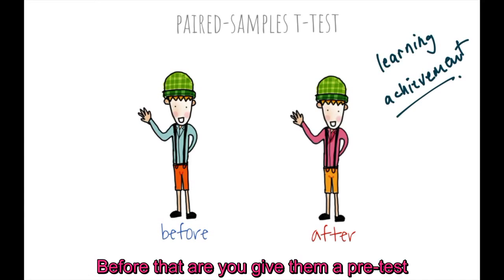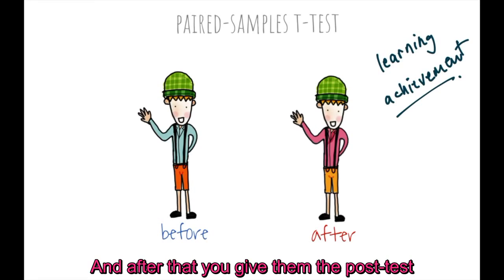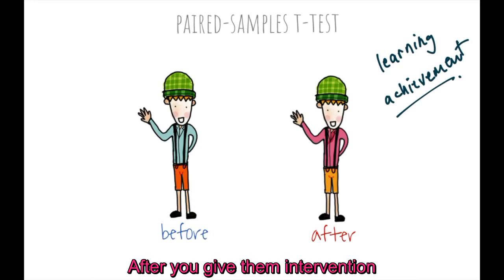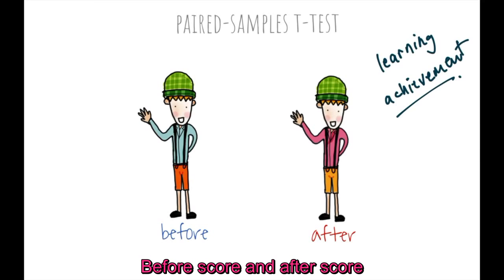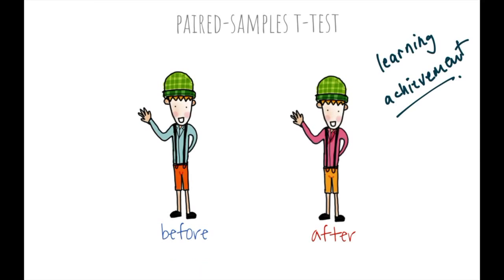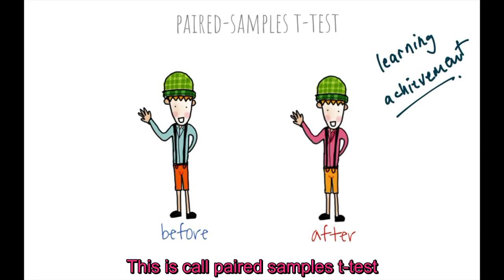Before that, you give them the pre-test, and after that, you give them the post-test after you give them the intervention. And then you compare the before score and after score. Are they significantly different or not? This is called the paired samples t-test.